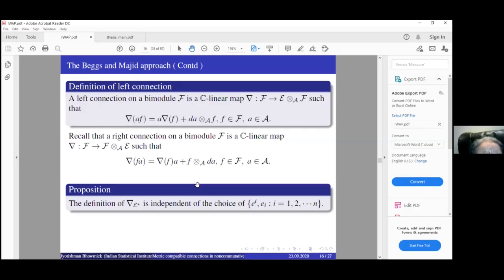And when you go to the dual system, then you will take left A-linear? No. By the dual, I always mean the right A-linear maps.